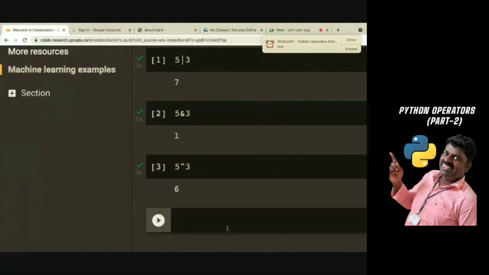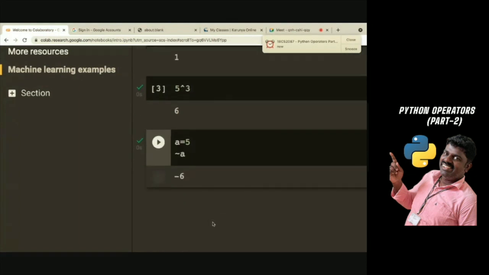So A equal to 5, and then negation A. Negation A, we are getting minus 6.